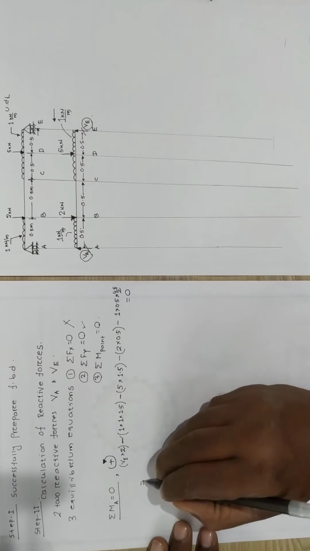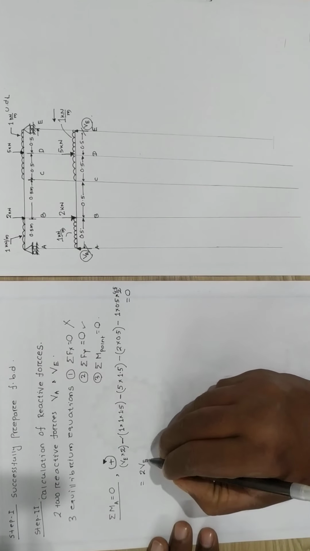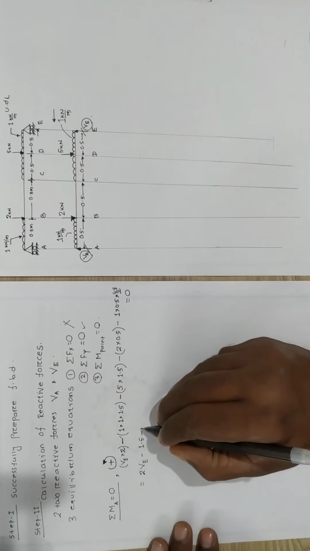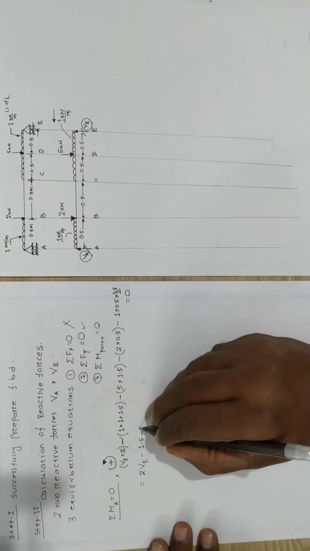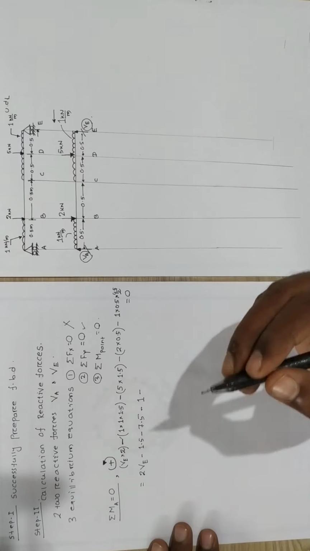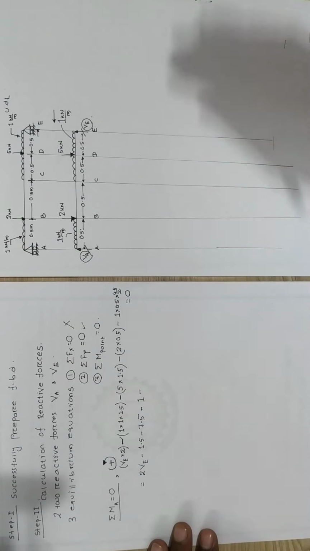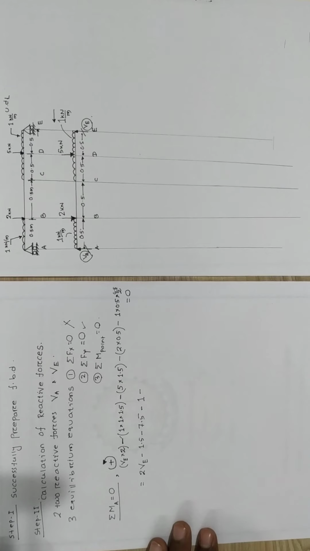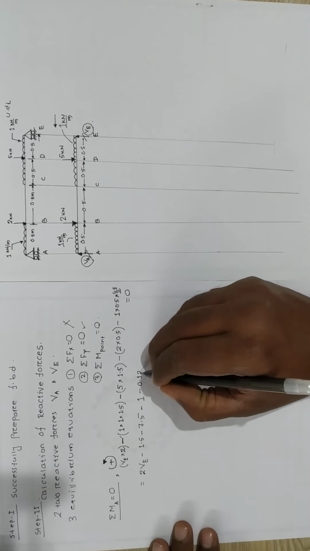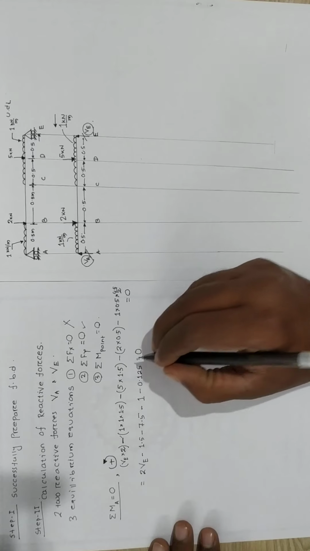Okay. So this I can write as minus 1 into 1 into 1.5, so this will be 1.5, minus 5 into 1.5, so this will be 7.5, minus 2 into 0.5, so this will be 1, minus 0.5 into 0.25, so this will be 0.125. This equals 0.